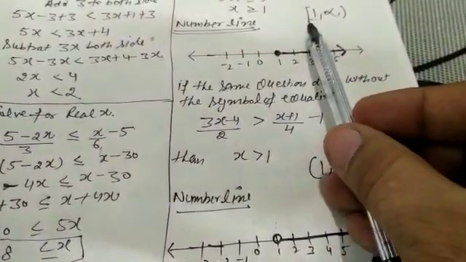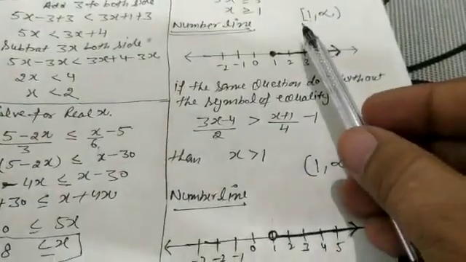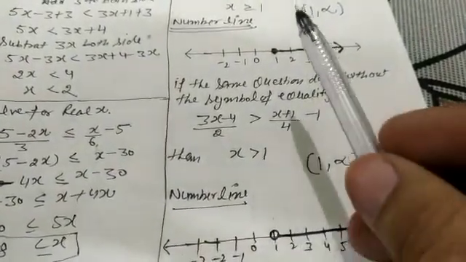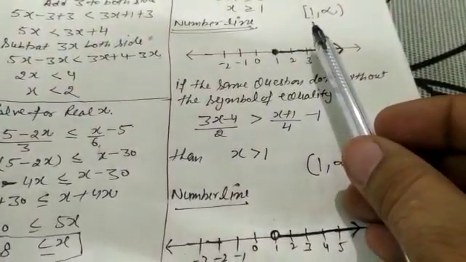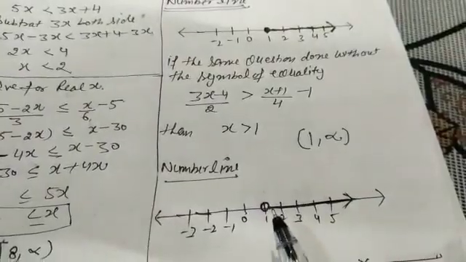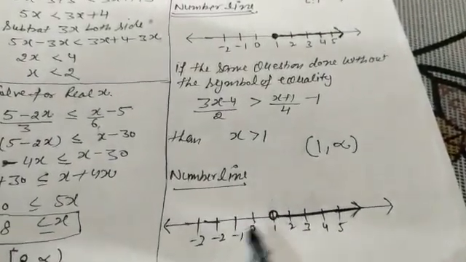This is the difference between the closed bracket and the open bracket. So take care, whenever the symbol of equality is there, you have to use the closed bracket. Whenever an open bracket is there, you draw a circle, but only a circle, with no need to darken the circle.